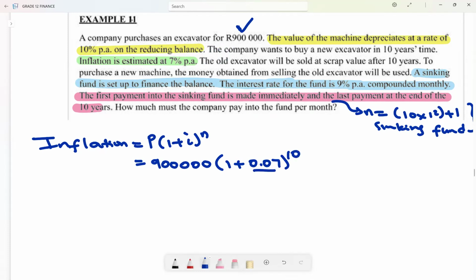Why? Because whatever I divided with here, I multiply with. Since I did not divide by anything, I do not multiply by anything. Very important. In actual fact, here I divided by 1, it means I multiply by 1, so there's no need to write that.